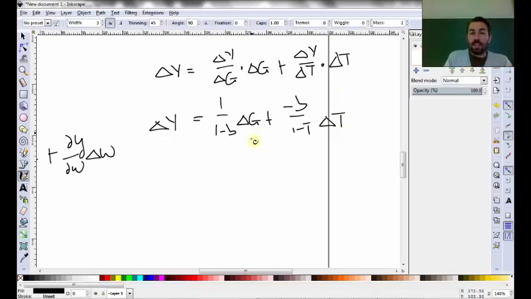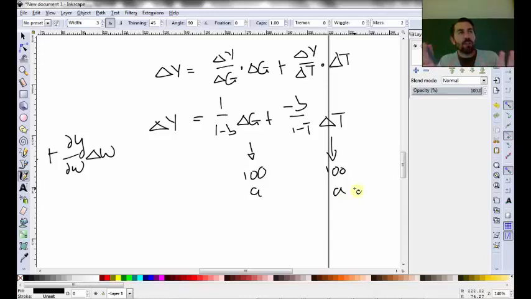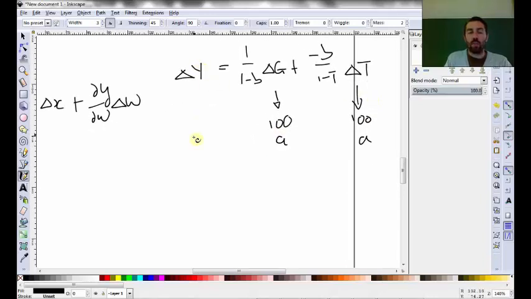So let's say I'm going to change G by 100 and I'm going to change T by 100. I could make this more abstract and say I'm going to change G by some amount A and change T by some amount A, but I'm going to stick with 100 as a starting place. So it's 100 and 100. What will my change in Y be?